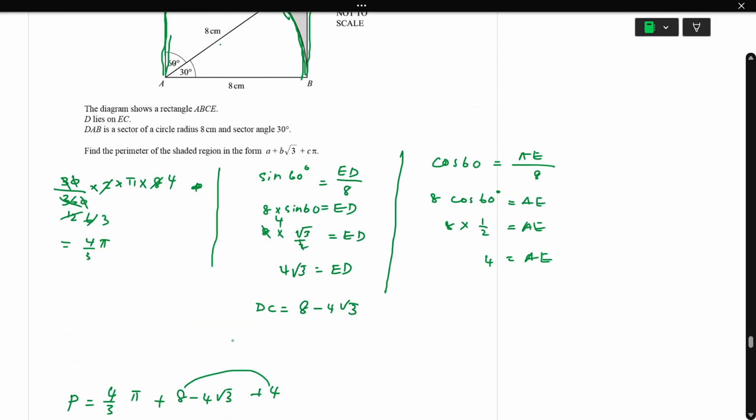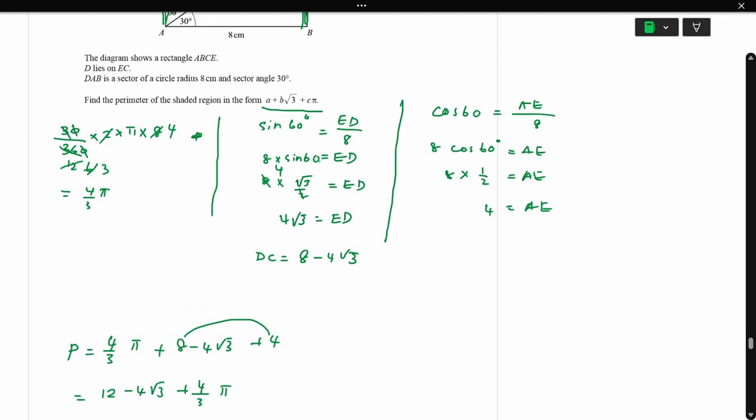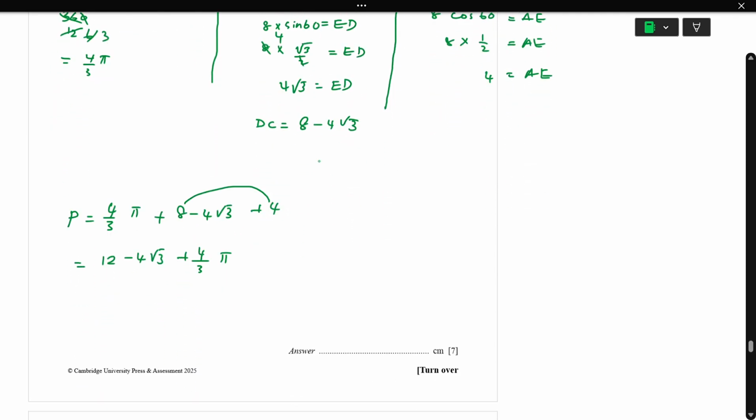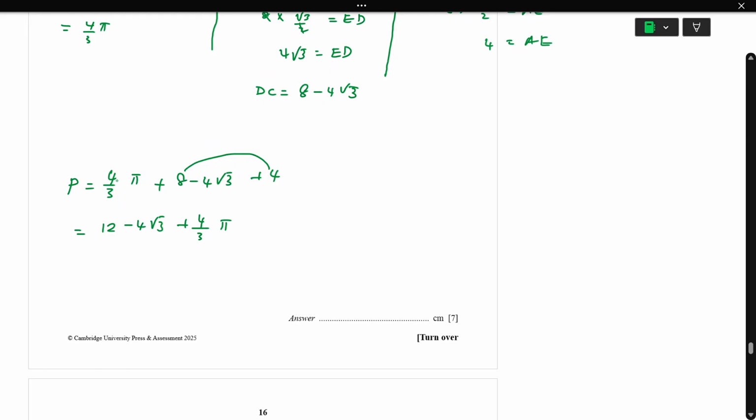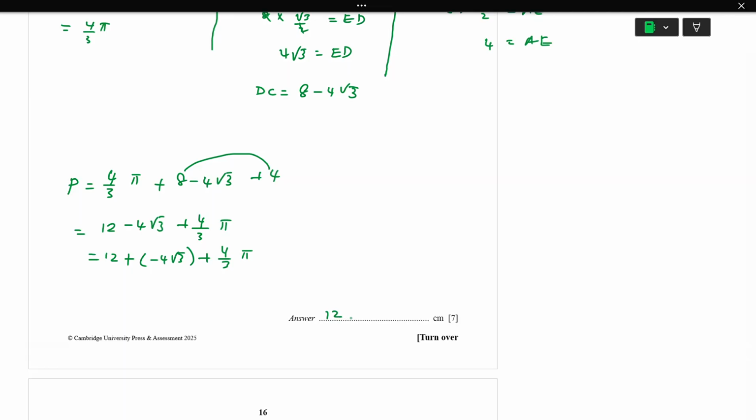So we need to leave the answer in this form. The question has the form a plus b root 3 plus c by 3 pi, so 12 plus minus 4 root 3 plus 4 by 3 pi. This is our final answer.